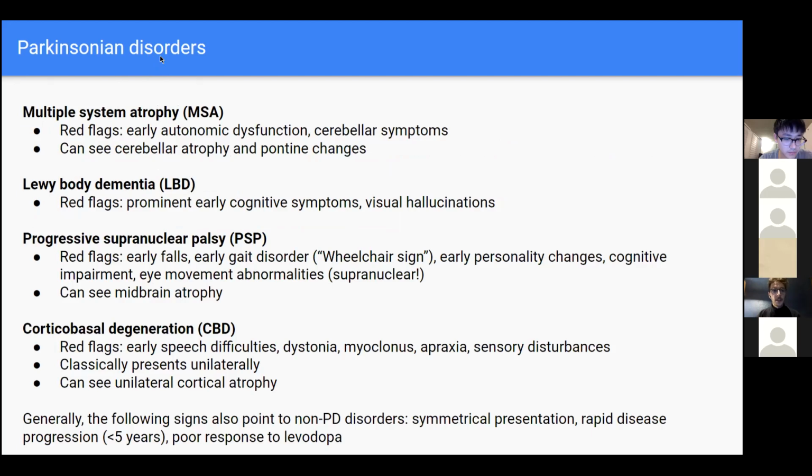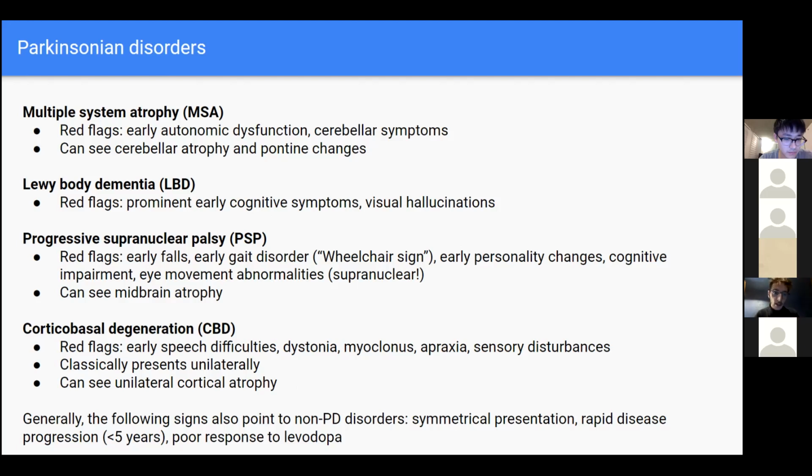So in terms of the other Parkinsonian disorders, I'm going to go through each one rapidly and tell you the red flags you need to look out for in your clinical stems and eventually in your clinical rotations, to recognize that, okay, the person has bradykinesia, but it might not be classical Parkinson's disease. The first one is multiple system atrophy. The red flags for multiple system atrophy are very early autonomic dysfunction.